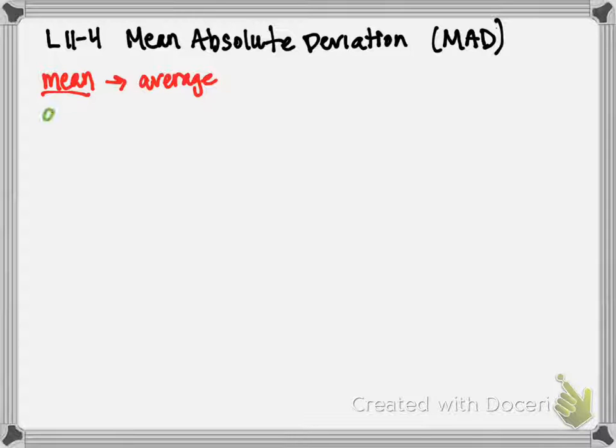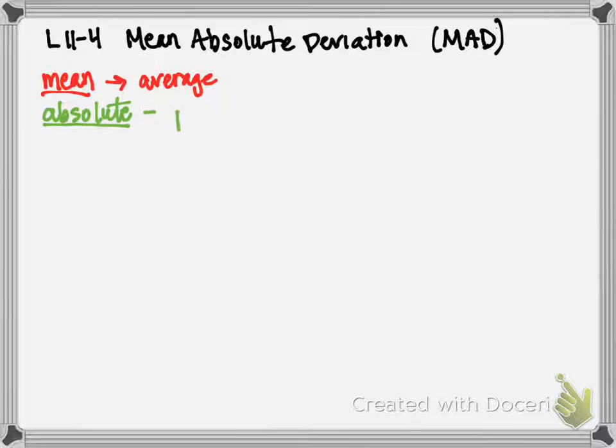Next, what does absolute mean? Well, if you think back, we talked about absolute value earlier in the year, and that just means how far a number is from zero. It doesn't talk about is it to the right, which is positive, or left, which is negative. It just says how far. Distances can only be measured in positive numbers. So that's all it is.